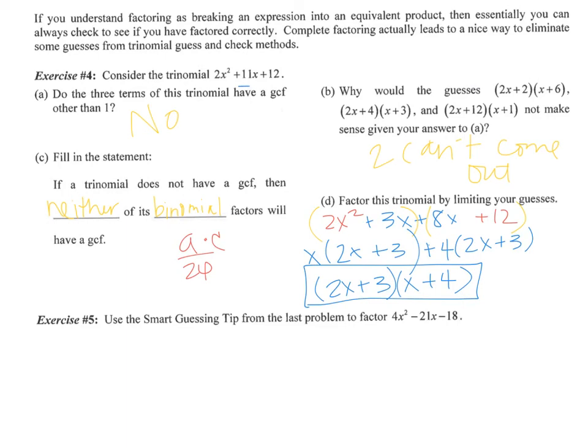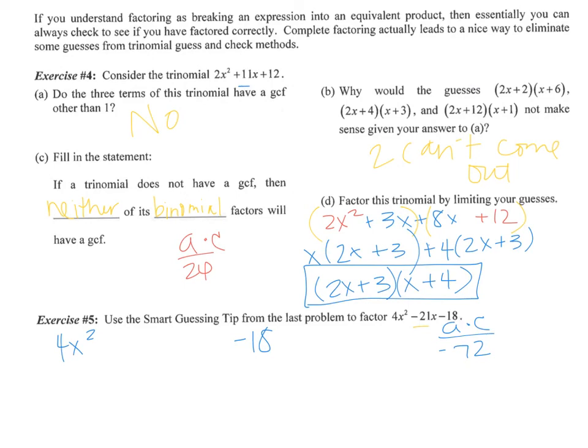And I want you to try factoring the last one on your own. So we have our A, we have our C, and our A times C. 4 times 18 is 72, but since 18 is negative, it's negative 72. So multiplies equal negative 72, adds to equal negative 21. Well, 72 divided by 3 is 24.